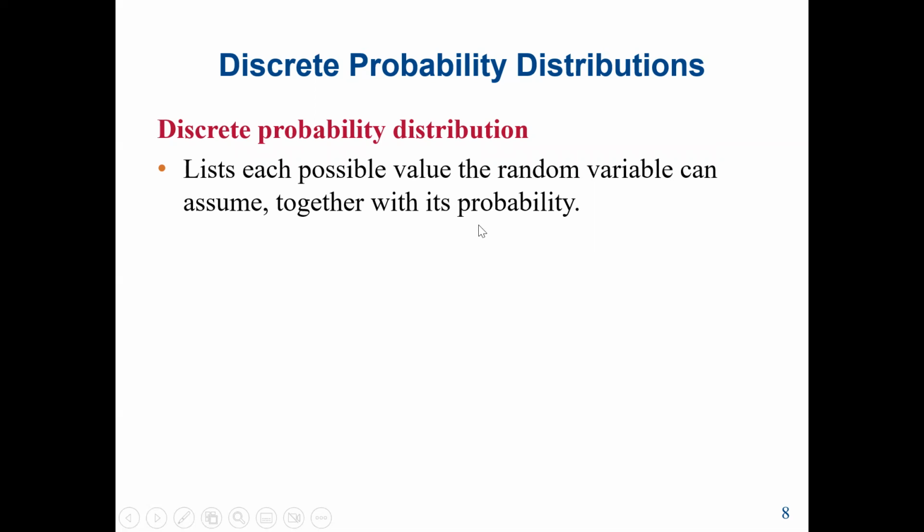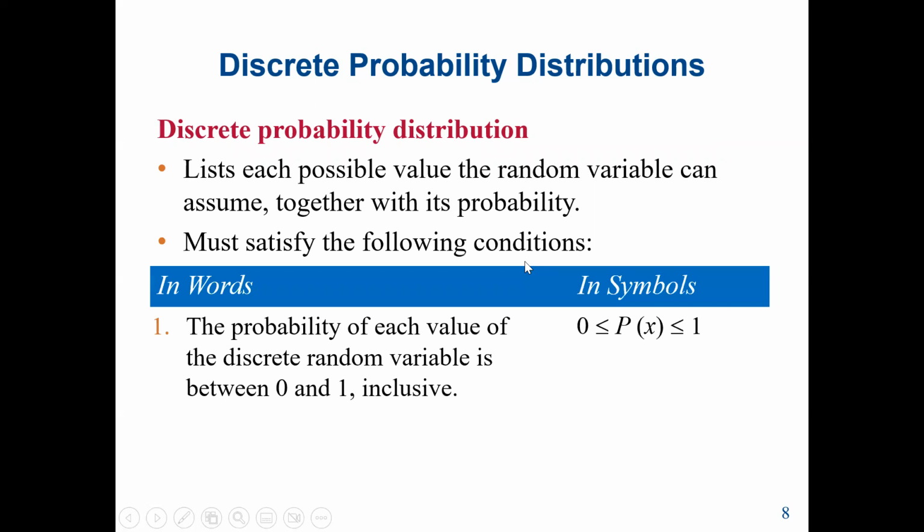The total probability of all the possible outcomes is 1. So if I toss a coin, the head will be half probability, the tail also will be half. Now, if I roll a die, it has 6 sides. So it will be 1/6, 1/6, 1/6, six times. 1 will have 1/6 probability, 2 will have 1/6 probability, 3 will have 1/6 probability, up to 6.